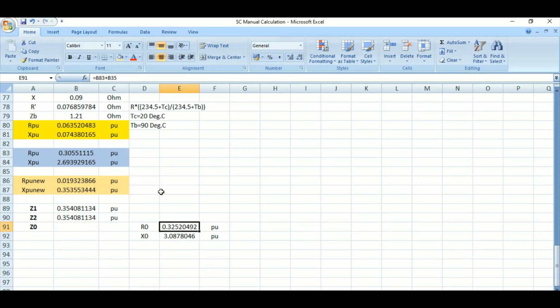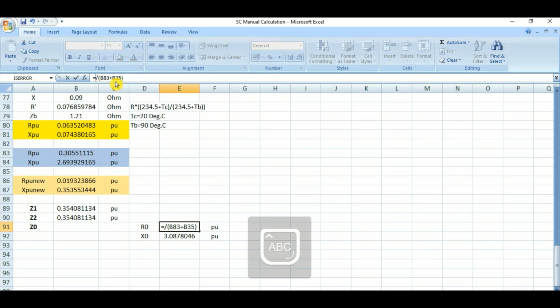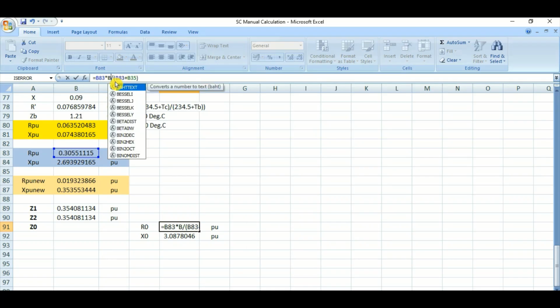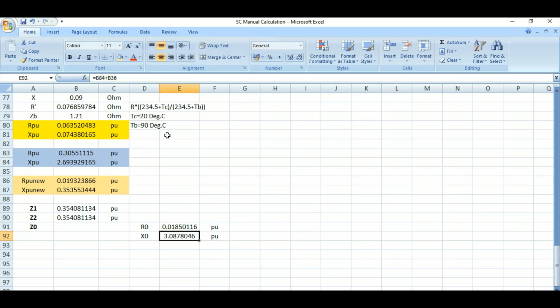Sorry, I made a mistake. This is not in series. This should not be in series. Actually, this should be parallel. This is the parallel connection. So this is B83 multiplied by B35, right? Yes.